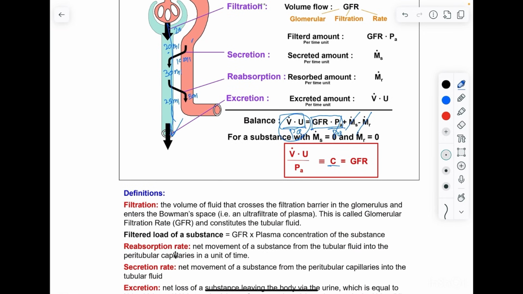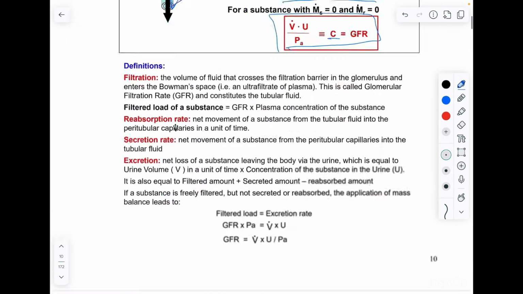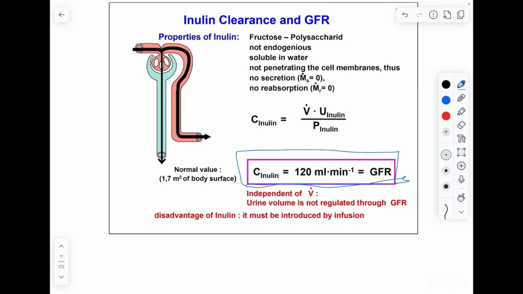So what do you need to know from this slide? This law, and that for a substance that's not secreted and not reabsorbed, GFR will equal clearance. Now, what's an example of such a substance? Inulin. Inulin is neither secreted nor reabsorbed, hence GFR equals its clearance, or its clearance equals GFR.